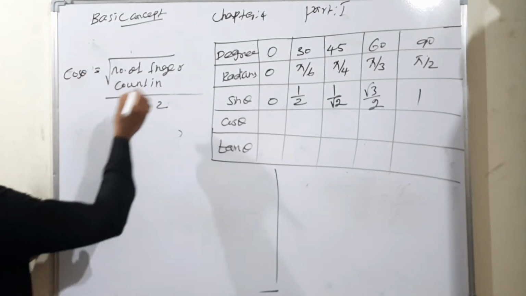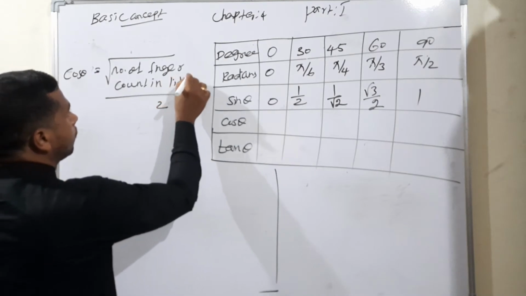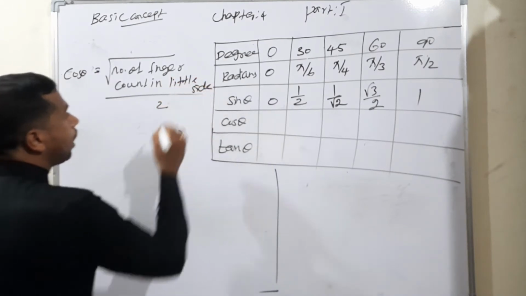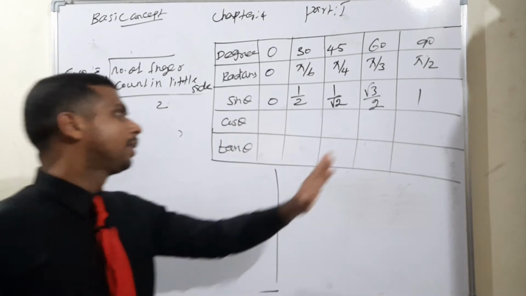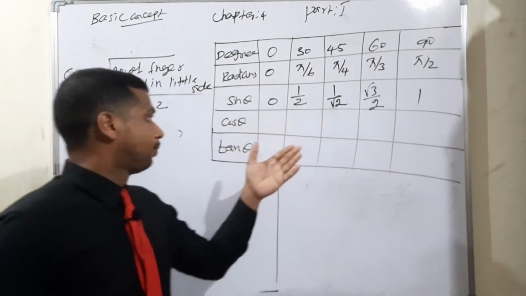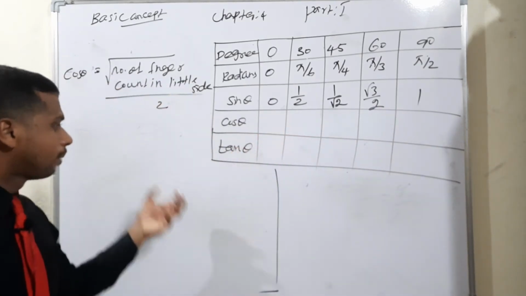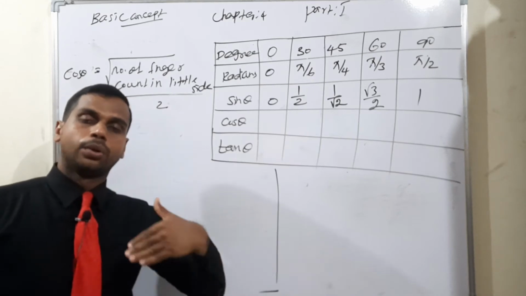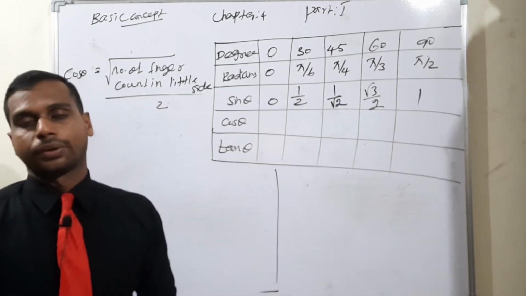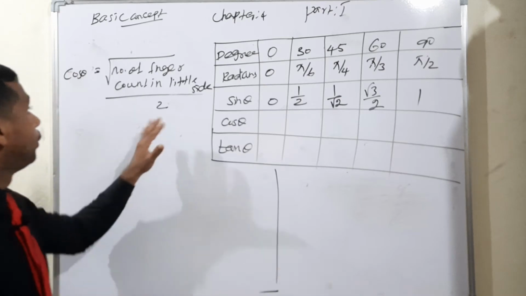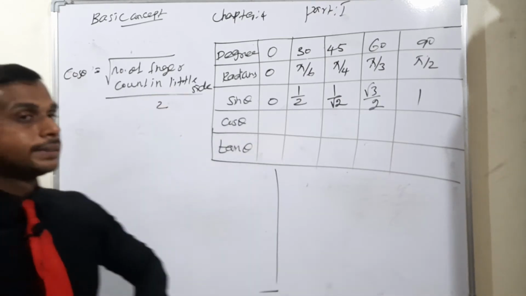The same concept, but you write it in reverse order. If you learn this method thoroughly, you can use it in your higher education also. It's very useful for you during exam time. Okay, I will do it one by one.